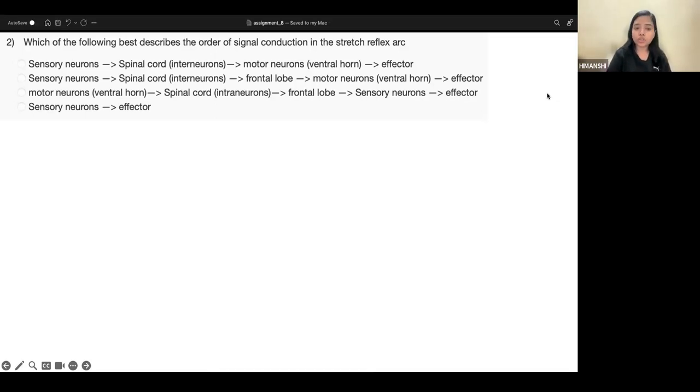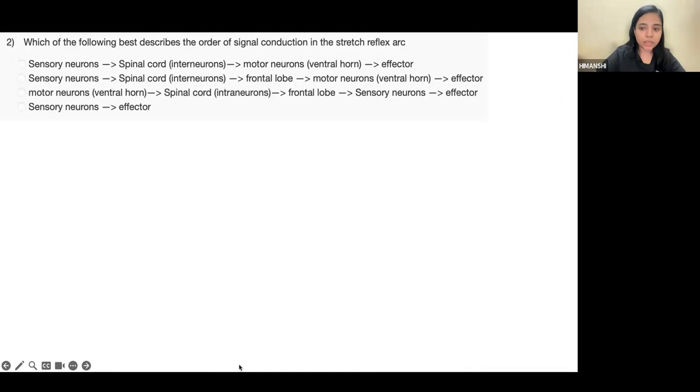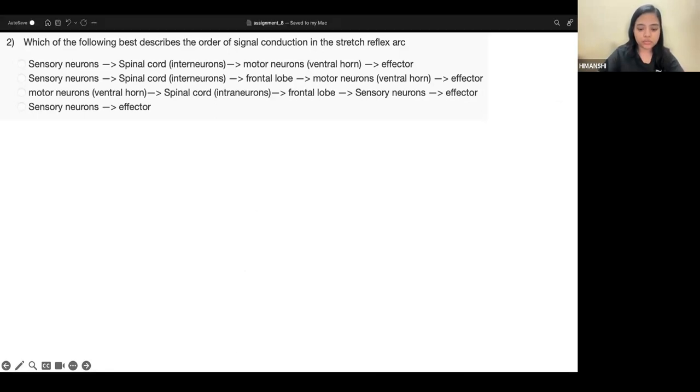Or is it motor neurons, spinal cord, frontal lobe, sensory neurons, and lastly to the effector? Or is it sensory neurons directly to the effector? So you guys have 1 minute for this question. Kindly drop your answer in the chat box and your time starts now.